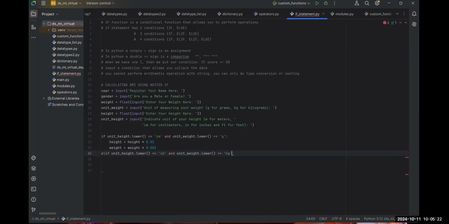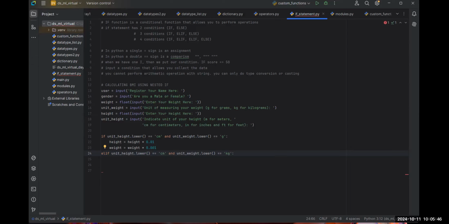Now what should happen when the person inputs the weight in kilogram? There should not be any conversion, right? We are not converting. Kilogram should just be kilogram. We are not converting anything for kilogram.